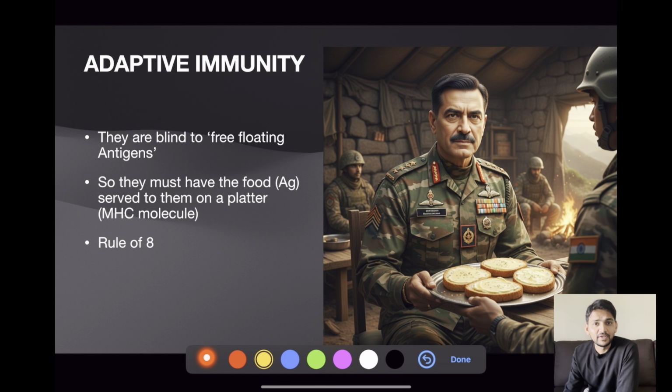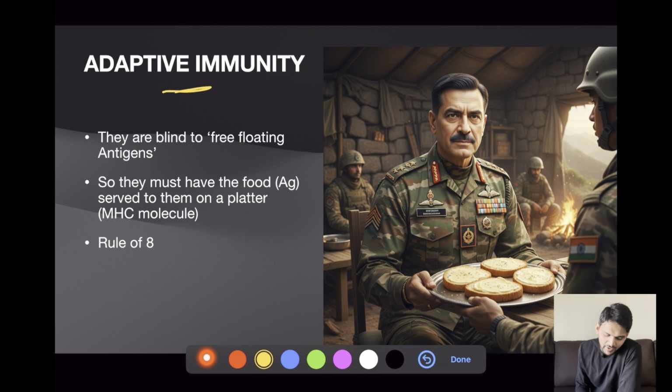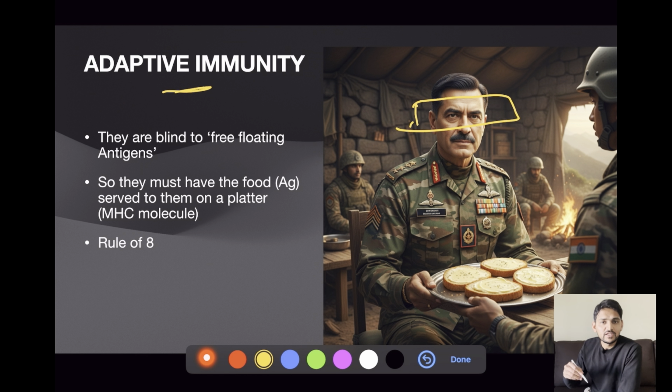But the problem is, this adaptive immunity is a little bit blind, in the sense they cannot find free floating antigens. If you observe this image carefully, they are blind. Even if the antigen is passing nearby, they will not be able to recognize it because they are blind to those free floating antigens. So for them, these antigens have to be served on a platter.